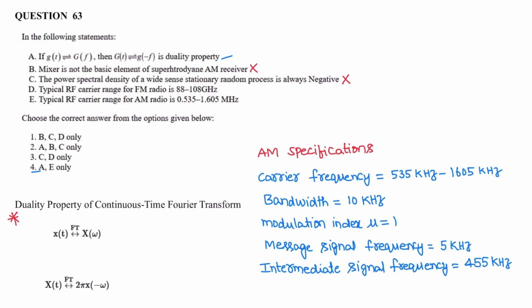The FM carrier frequency is 88 MHz to 108 MHz, so statement D is incorrect because they have given gigahertz. Typical RF carrier range for AM is 0.535 to 1.605 MHz. Statement E is correct. Statements A and E are correct. Correct answer is option 4.